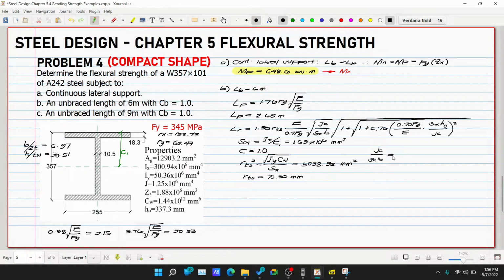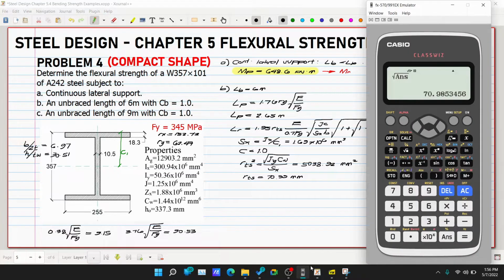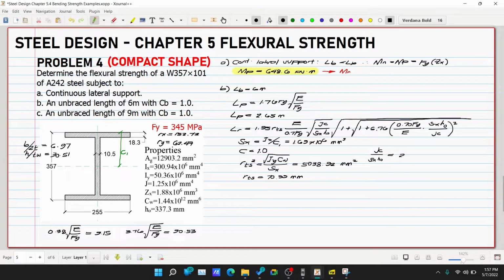Tapos, i-store natin siya sa A. So, ang J natin is 1.25 times 10 raised to 6. Ang ating C is 1 over SX, 1.69 times 10 raised to 6. Multiplied by H sub O, 337.3. Yan. So, 2.19 times 10 raised to negative 3. And store natin siya sa A.